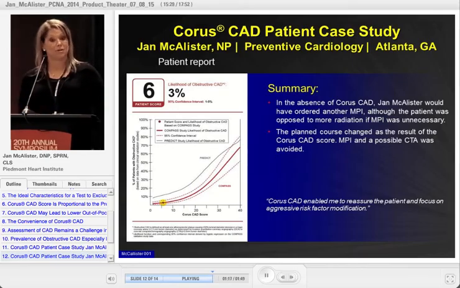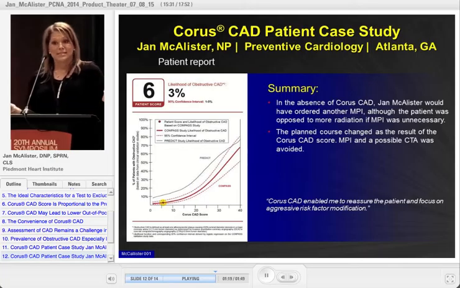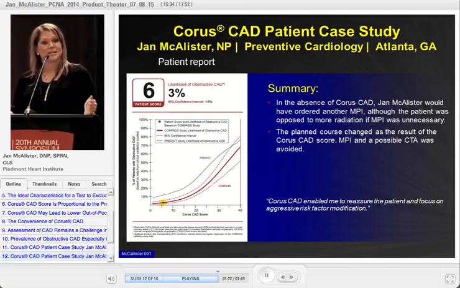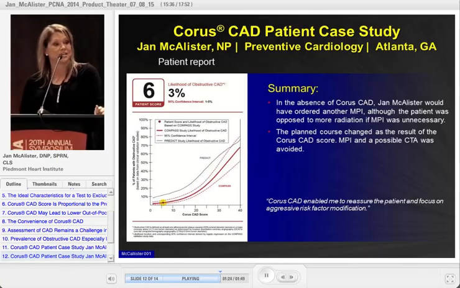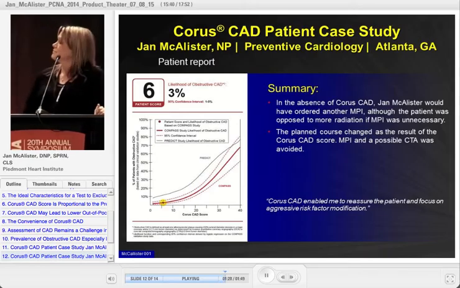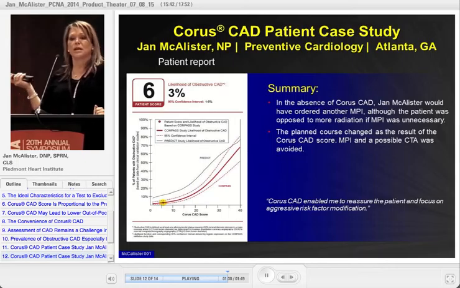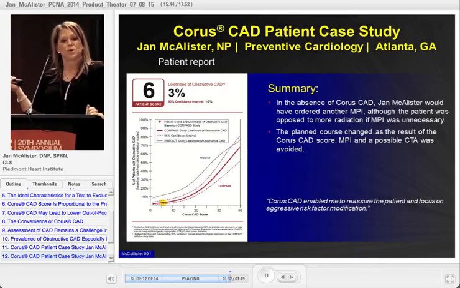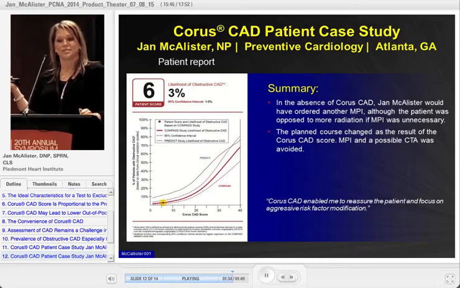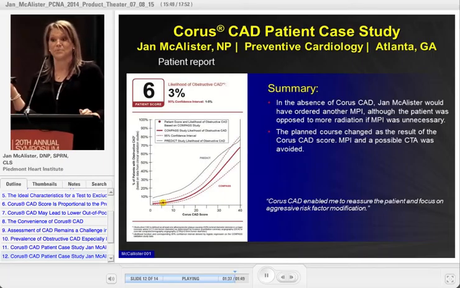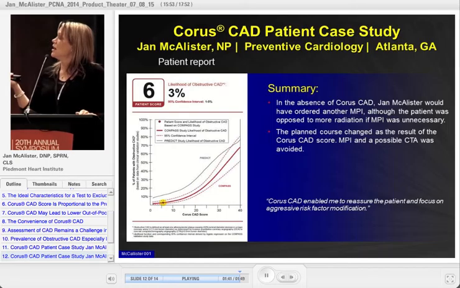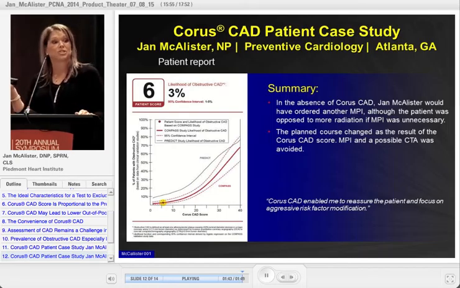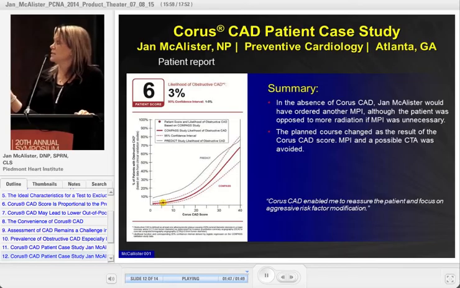At our institute, we send a bill for $9,000 to their insurance company for an MPI. That's a lot of money. So now we were able to just really work on her risk factors. She's one of those statin intolerant people, so she doesn't want to take her statin if she doesn't have to. But we're able to work on her high blood pressure, work on her cholesterol, and continue working on her Lp(a).